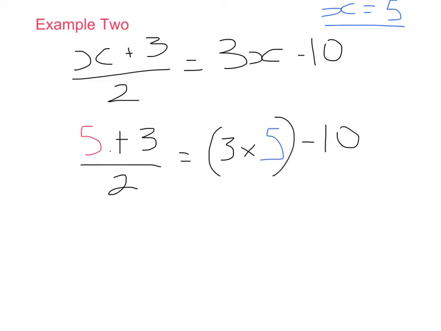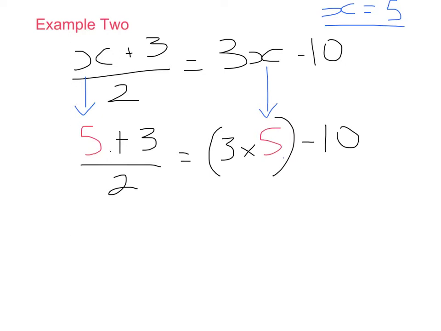Oh, I made 5 in blue, that was just confusing. 3 multiplied by 5 subtract 10. So I've substituted the x there and I've substituted the x there. There was 2 instances of x, or the unknown, in the equation, and I've substituted both of them.